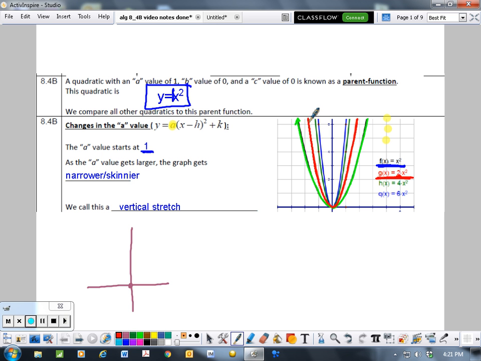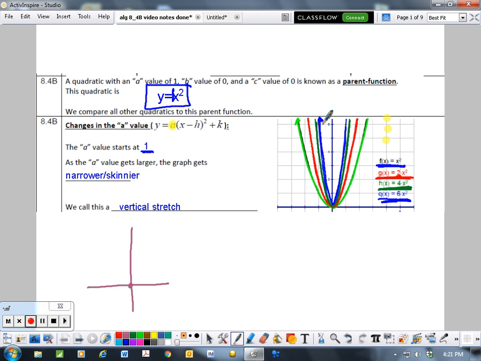And you see how it gets skinnier? Well, if I change it to y equals 4x squared, it gets even skinnier. And then if I change it to y equals 6x squared, it gets even skinnier. So as that a value becomes a bigger number, the graph becomes skinnier and skinnier.